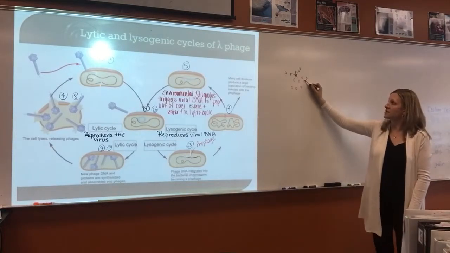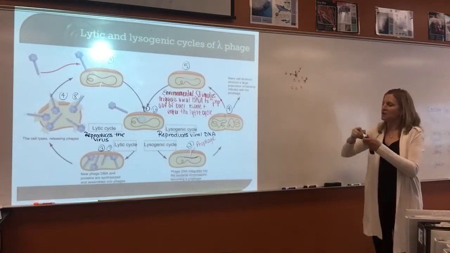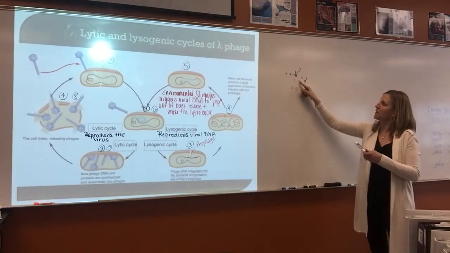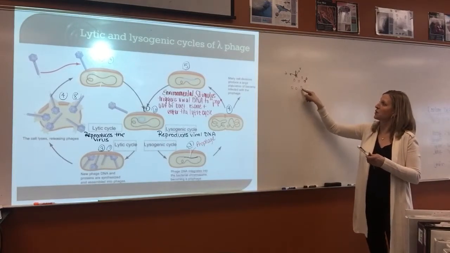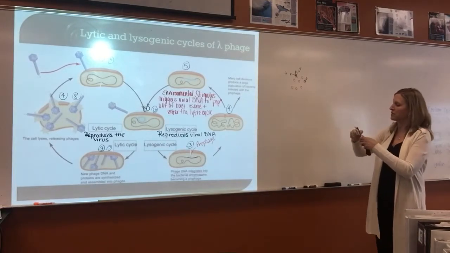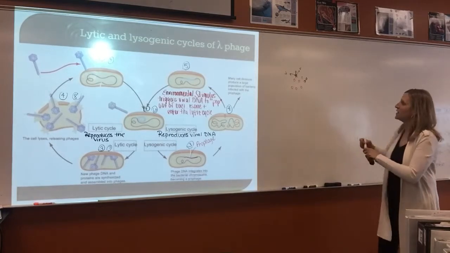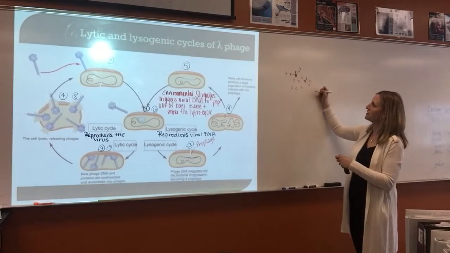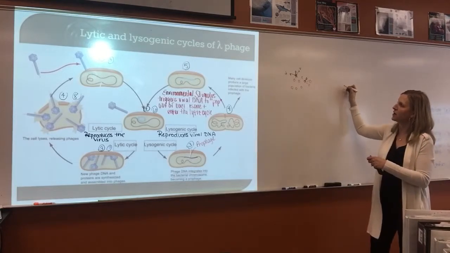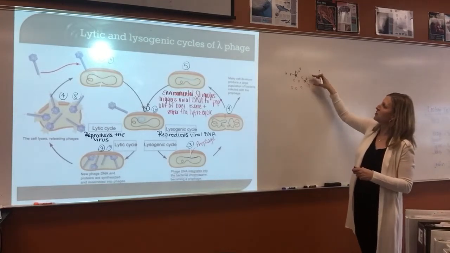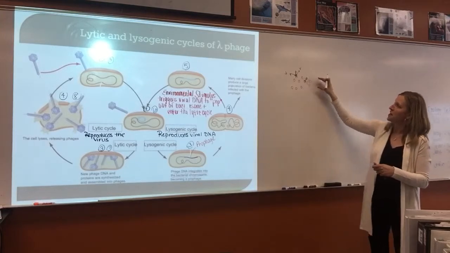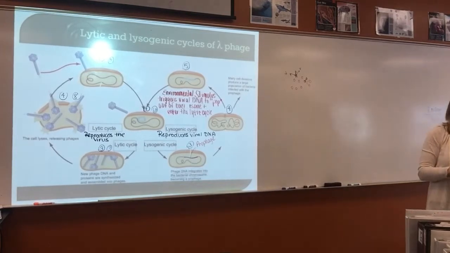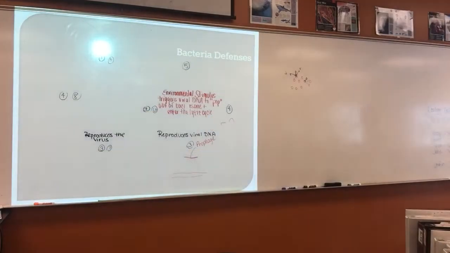No. So it has the genetic material in there, and so while this virus, all the ones may kill off all of these guys going through the lytic cycle, this one that's going through the lysogenic cycle, what it'll do is allow this bacteria to divide, and now you'd have two bacteria with the viral DNA, and so on and so forth. So it's helpful because it's not killing off its host, but yet still replicating the DNA. So both of those in conjunction with each other are helpful for the survival of the bacteria.